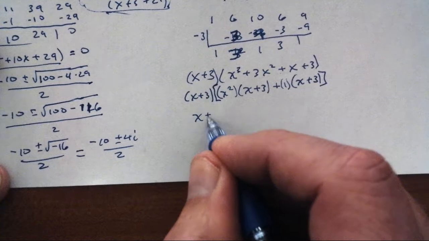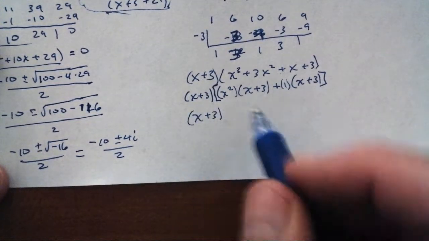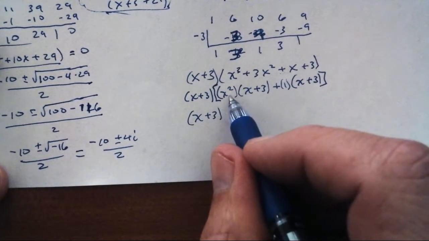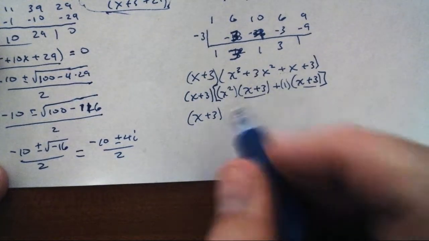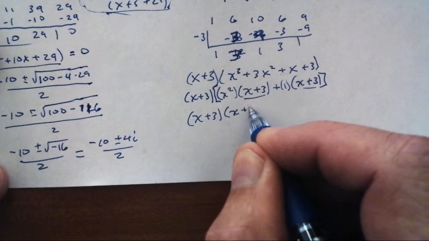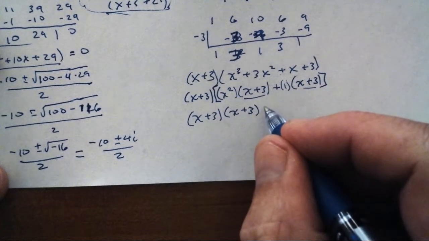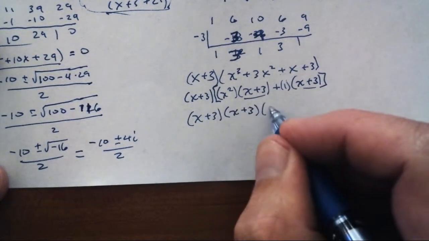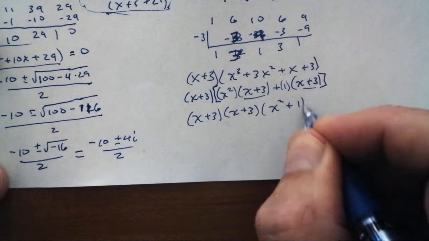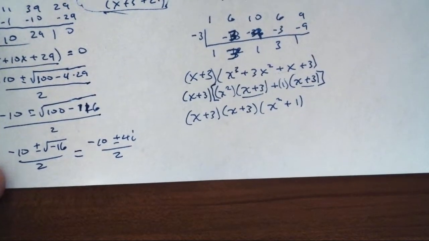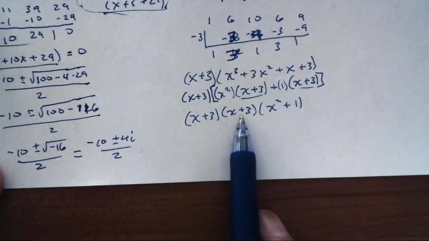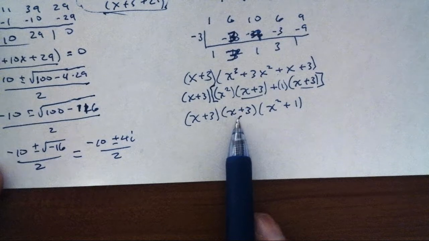Therefore, if I factor an x plus 3 out of each of these, I get x plus 3 times another x plus 3, and that leaves me with an x squared plus 1. So as it turns out, this is a double zero. We might take a look at that.